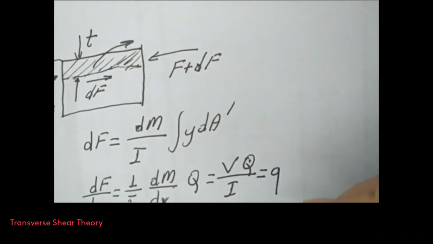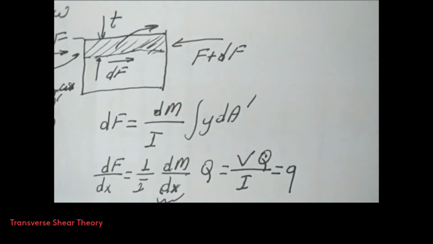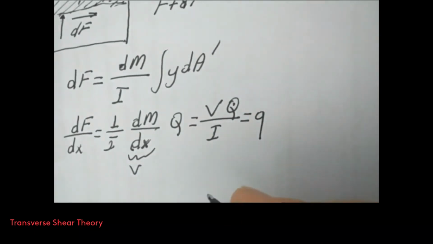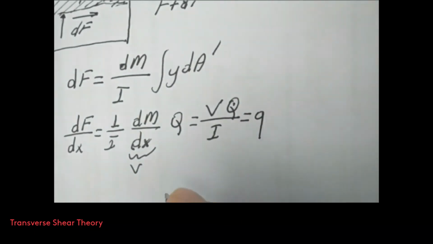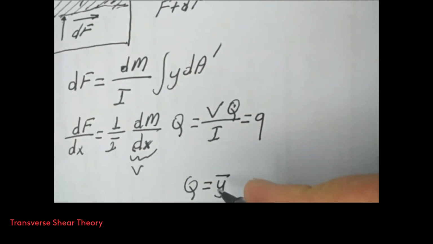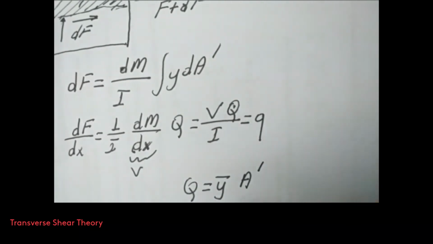This is basically one of the measures that we use in calculating the force transmission through members. In fact, again, we can write the Q as y bar multiplied by A prime.